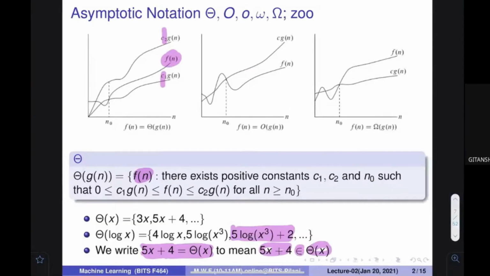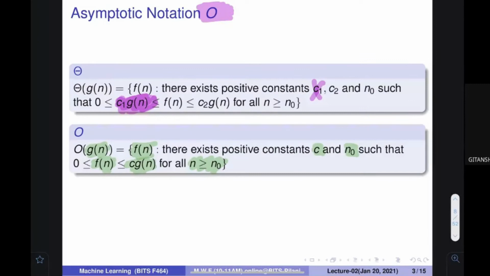If I multiply with g(n) by a constant c, then all those functions whose value is lesser than it are going to be in my set. If I can find a constant, and for all values after n0 the value is lesser than this particular function, then all those functions are going to be in the set of big O of g(n).